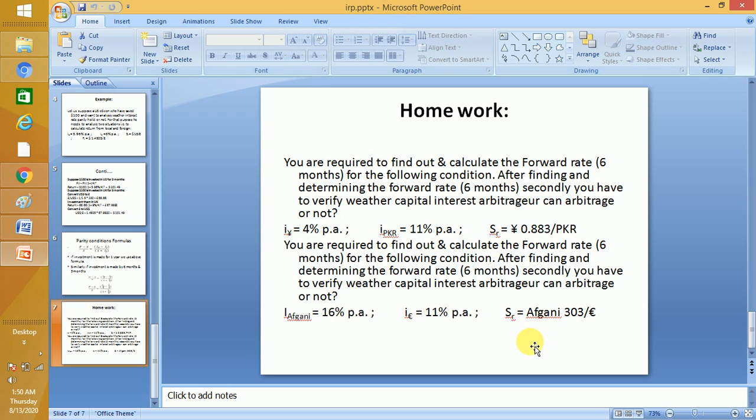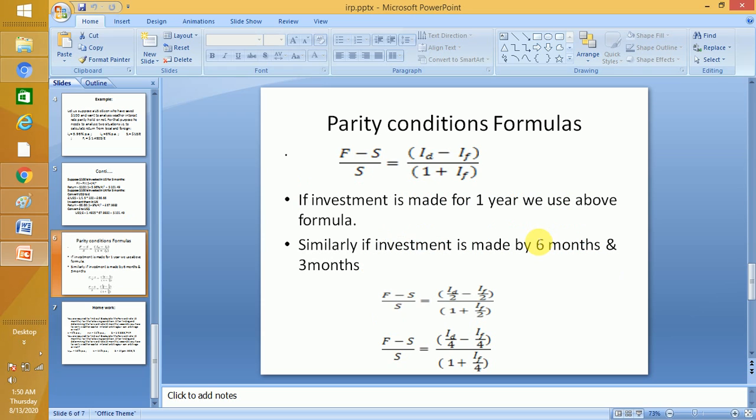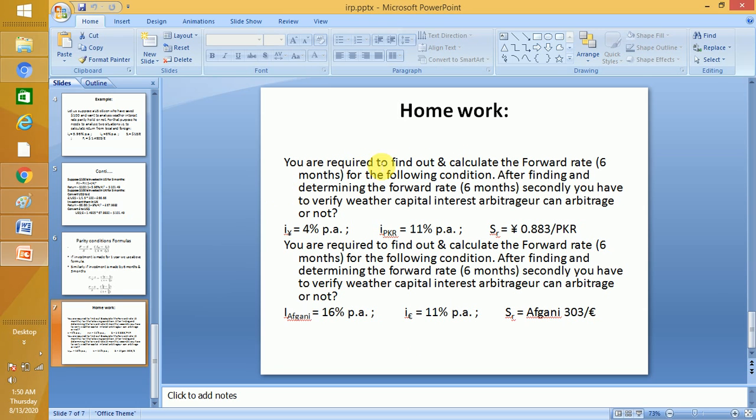Now here are some examples, and by this formula you can also calculate the forward rate F. You are required to calculate the forward rate for 6 months. After determining the forward rate, secondly, you have to verify whether covered interest arbitrage is possible or not.